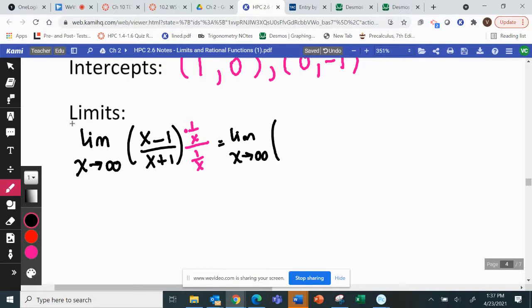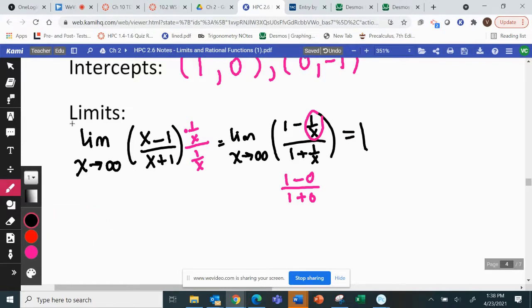So I will have 1 minus 1 over x over 1 plus 1 over x. When I plug in infinity, or just bigger and bigger numbers for x's, I'm going to get 1 minus 0 over 1 plus 0. Every time I see that little over big, that's going to become a 0. So 1 minus 0 over 1 plus 0 is equal to 1.